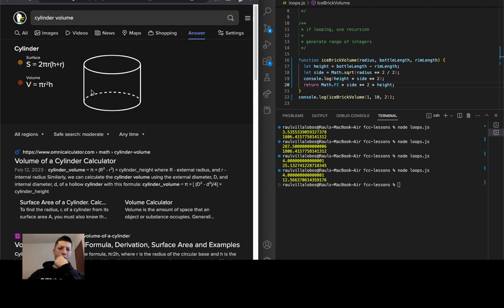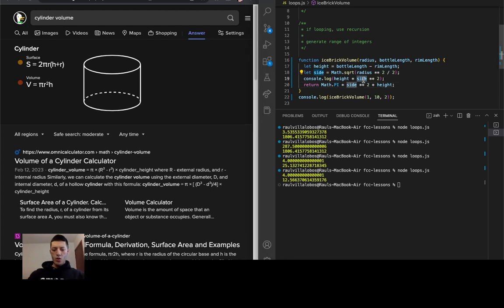Let's say it was a cylinder. It's not a cylinder since it's a square, but if it's a cylinder, you've got your height and your radius.